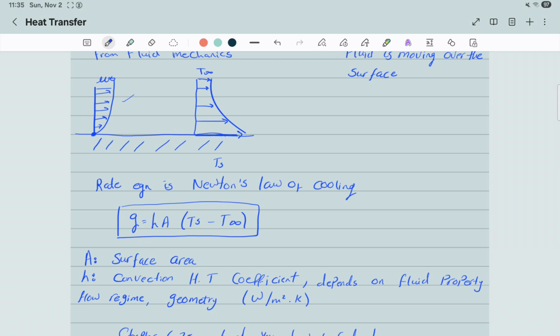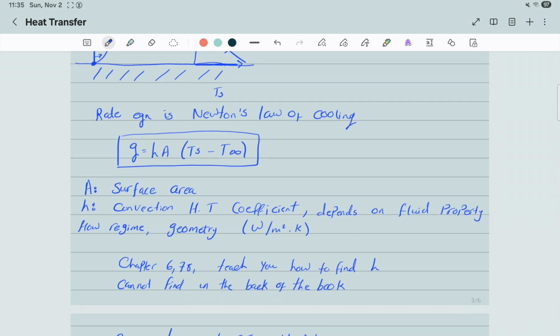The geometry of the surface: is it a plate? Is it a cylinder? Is it a rod? Is it a rectangle? And the flow regime: is it turbulent flow or laminar flow? And the fluid property: is it oil or water, mercury, and so on.